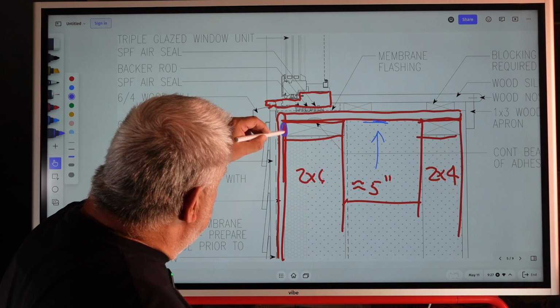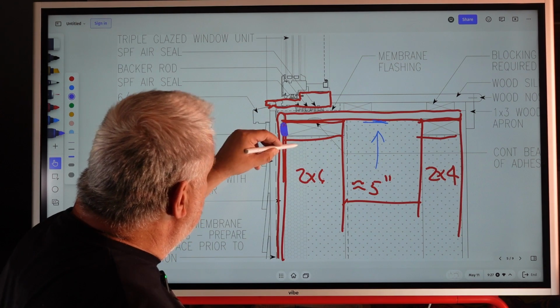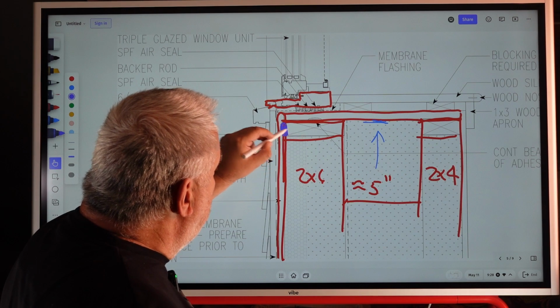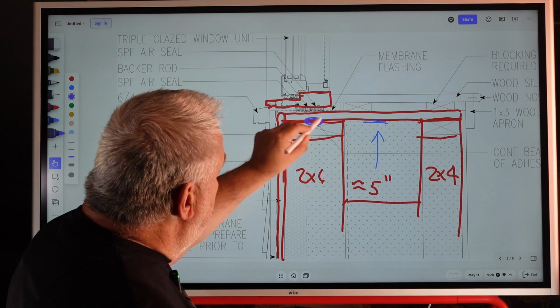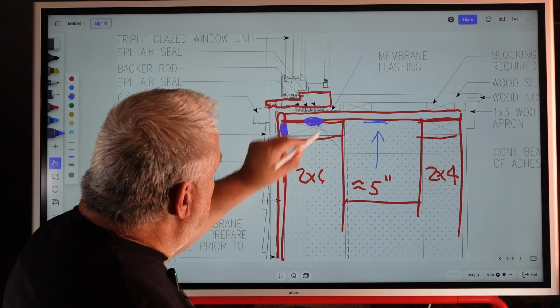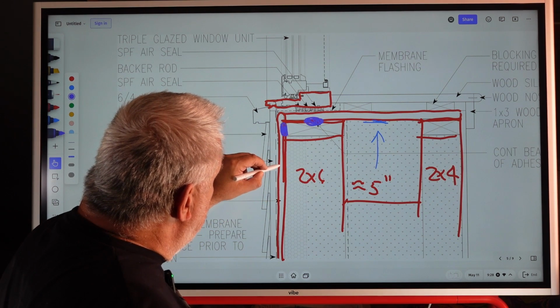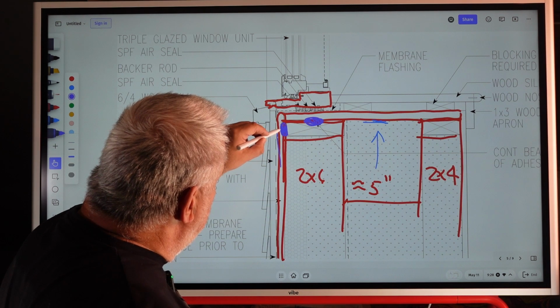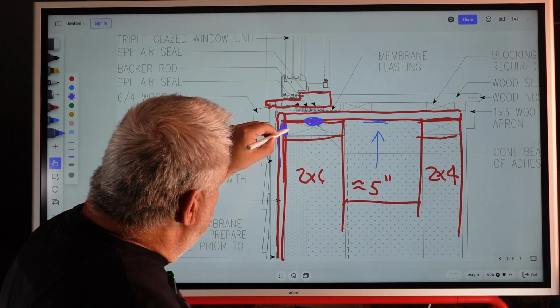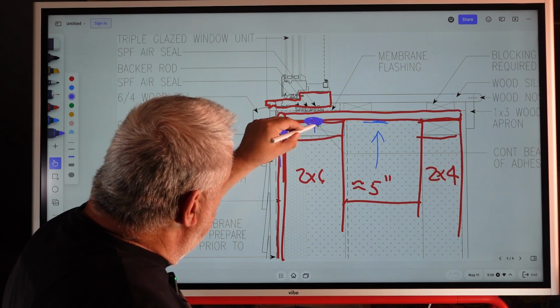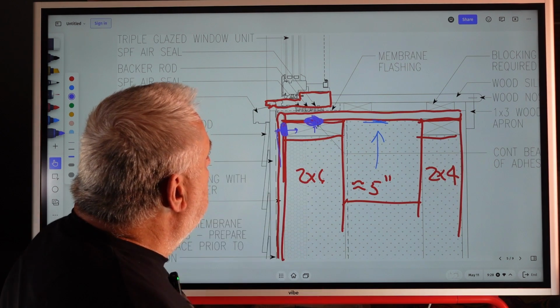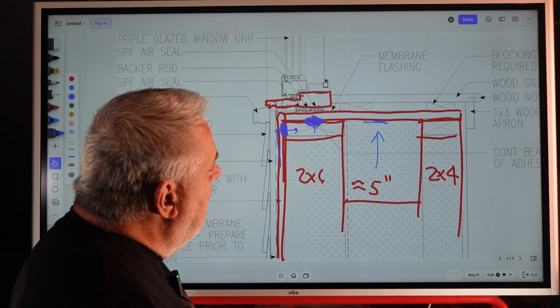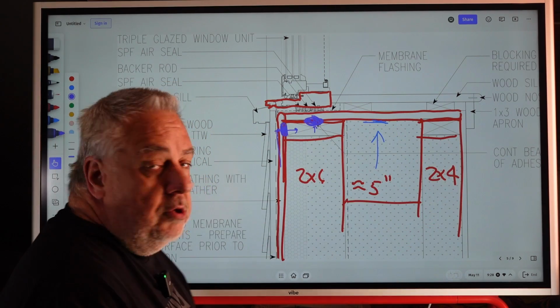Notice we have a bead of sealant here, and that's to seal our sheathing to the frame. And then we also have a bead of sealant there. And basically what we're doing is we're making the connection from our sheathing to that bead of sealant to the frame to that bead of sealant to that plywood closure piece.